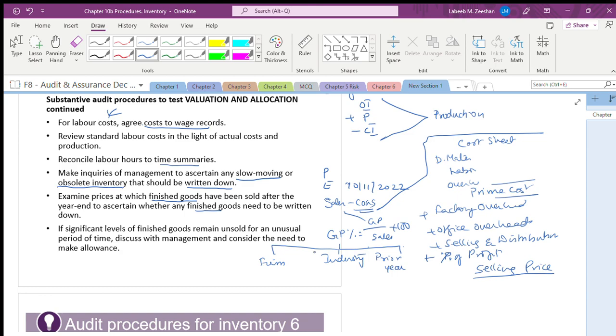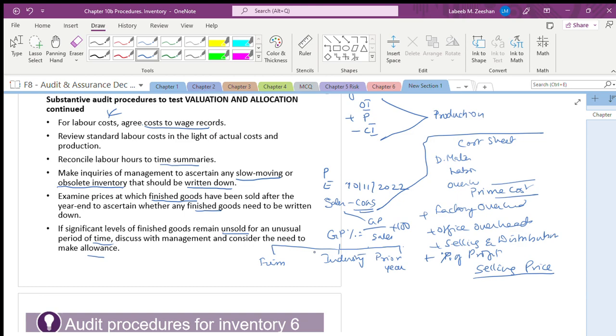If a significant level of finished goods remains unsold for an unusual period of time, discuss with the management. What will happen if there are no sales? If there is a significant quantity, we are not talking about what quantity, only a significant quantity, then you have to discuss with the management.